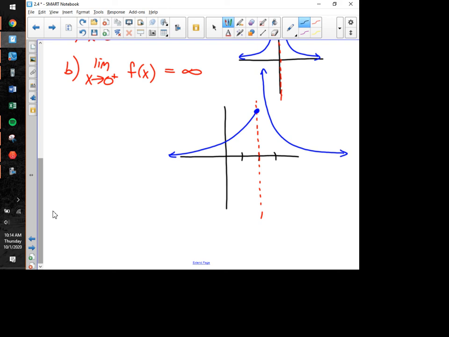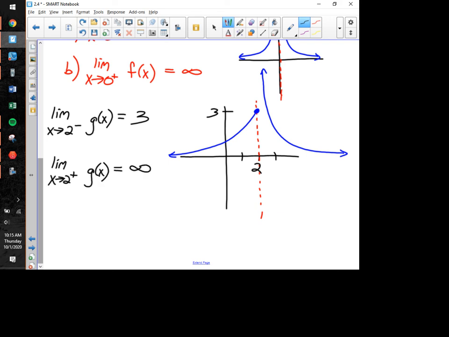Okay, and let's just say for the sake of argument, this is a y value of 3, this is an x value of 2. Now in this case right here, guys, the limit as x approaches 2 from the left of whatever this function is, g of x, looks like it's equal to 3. The limit as x approaches 2 from the right of g of x, aha, that one is infinity.